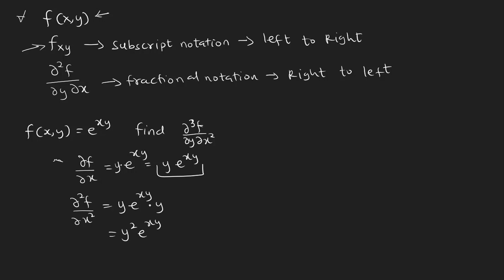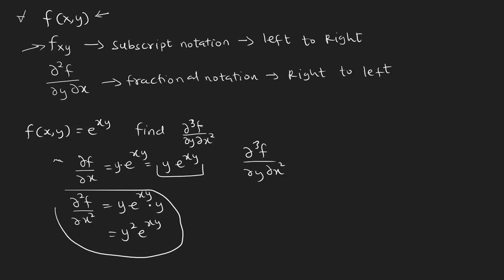Now you're going to find the third higher order partial derivative. That's going to be d cubed f over dy dx squared. So you're going to differentiate this expression with respect to y.